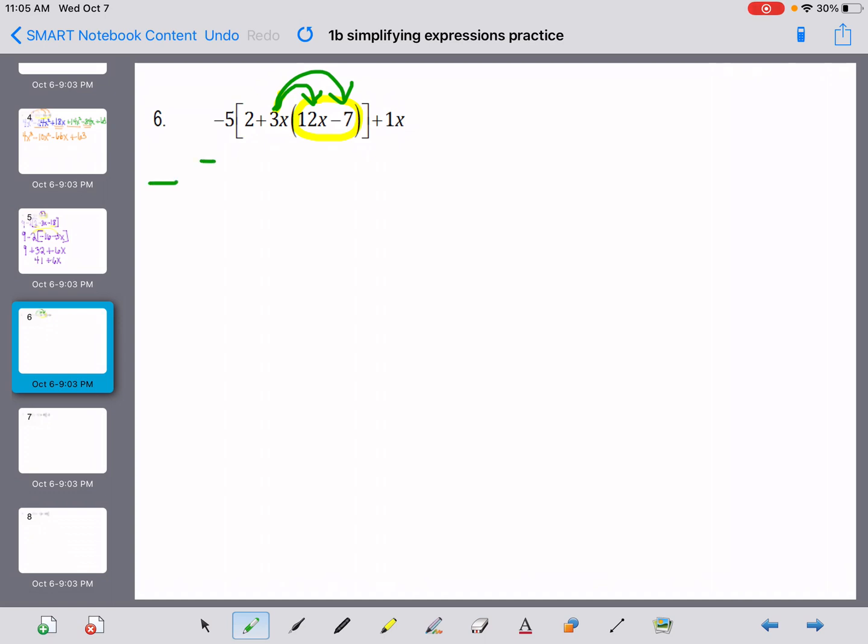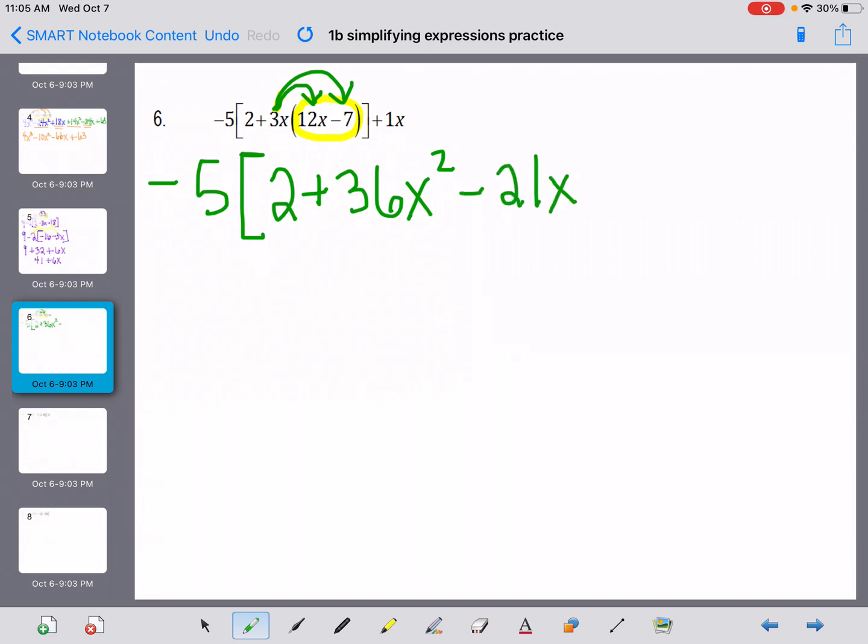So there's still a negative 5. And then we have the 2. But now when we distribute, 3x times 12x is 36x squared. 3x times negative 7 is minus 21x. And that's still within the parentheses. And then we have a 1x there.